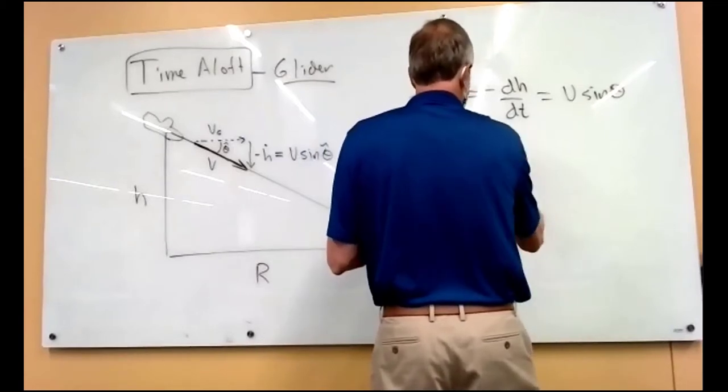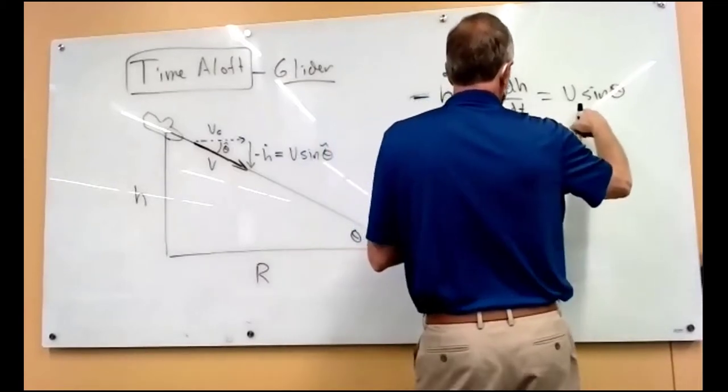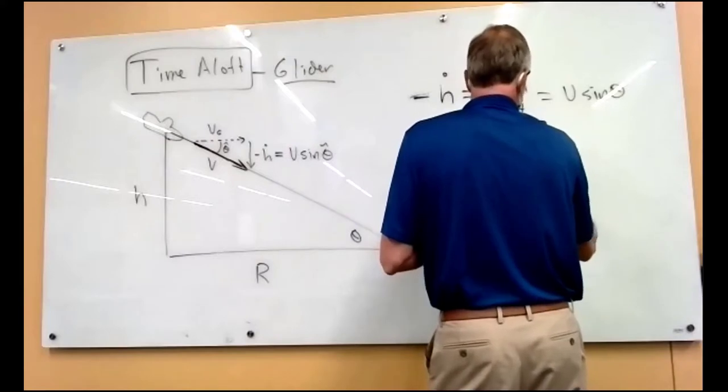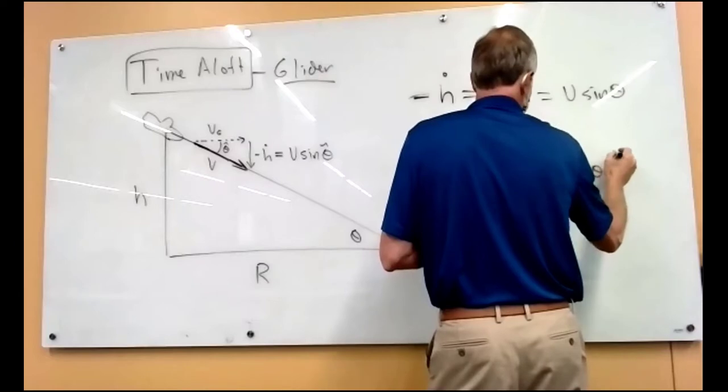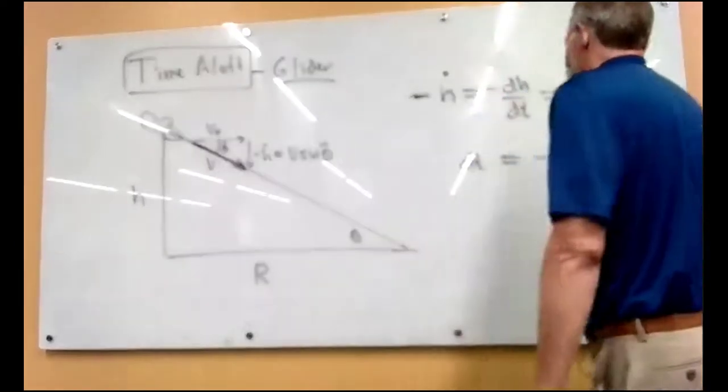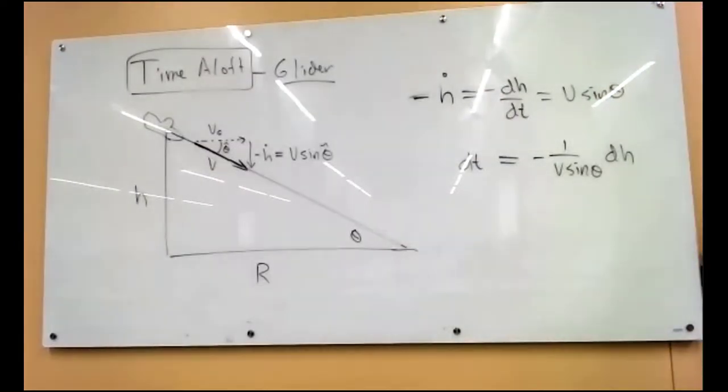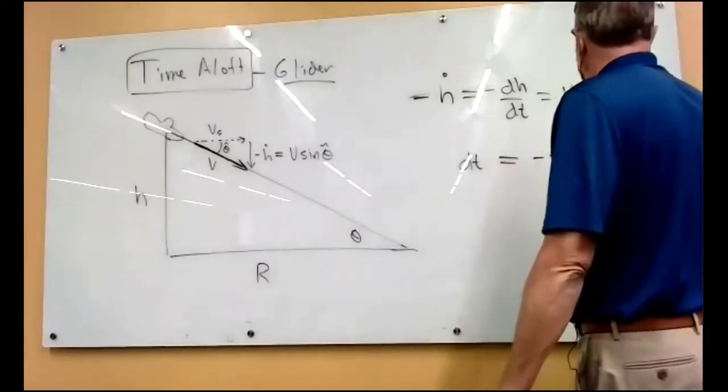So if we want to calculate the time, put the dt over here, and really this is a velocity time diagram. We can integrate this. This is dt and dh.